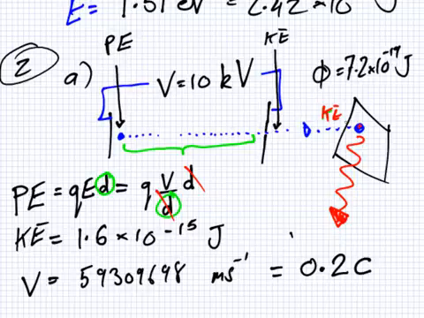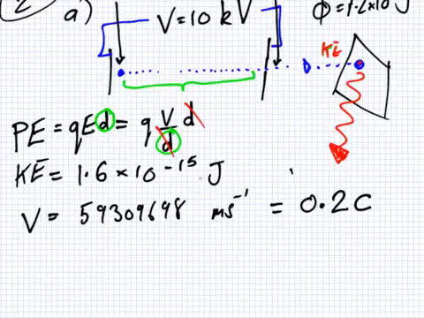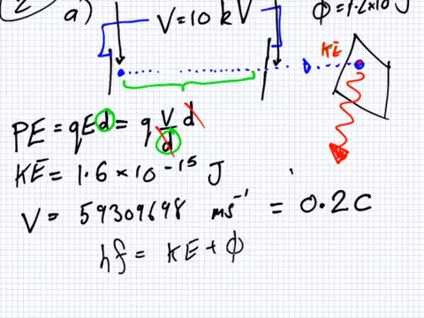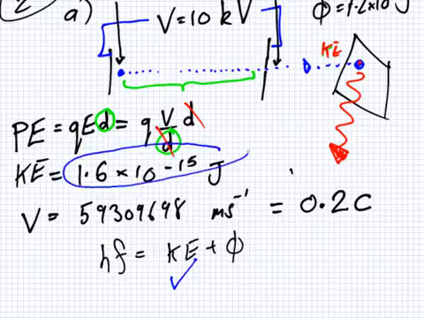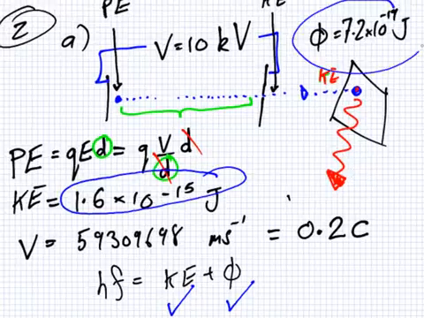So again, it's the same formula, that hf equals KE plus the work function, except this time we know the KE. There it is right there. And we know the work function. There it is right there. And do we know the h?